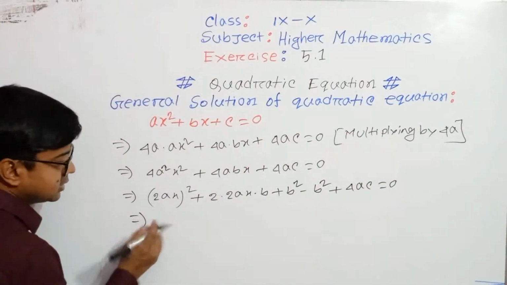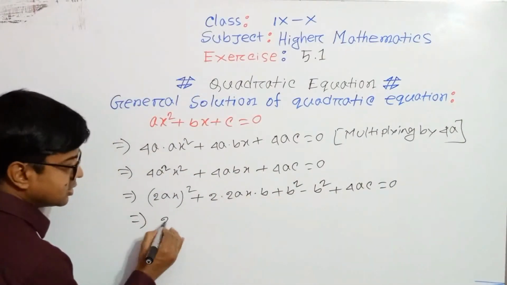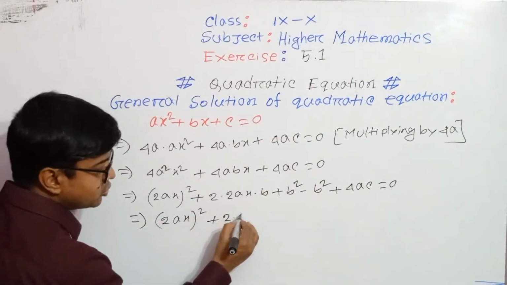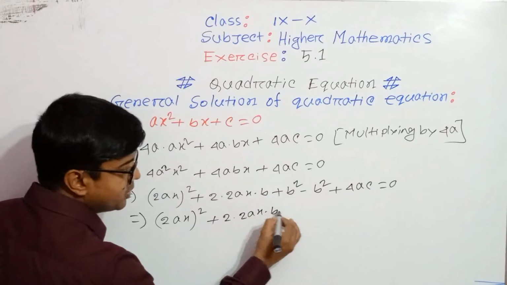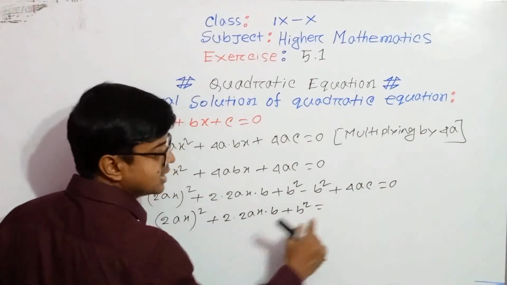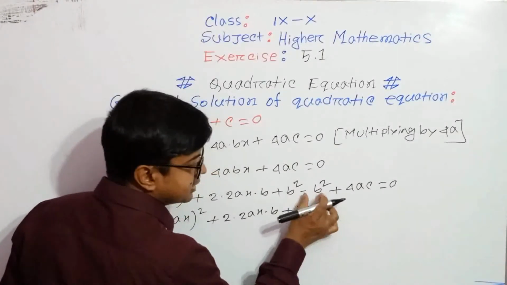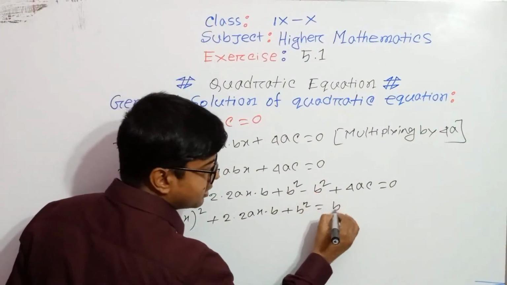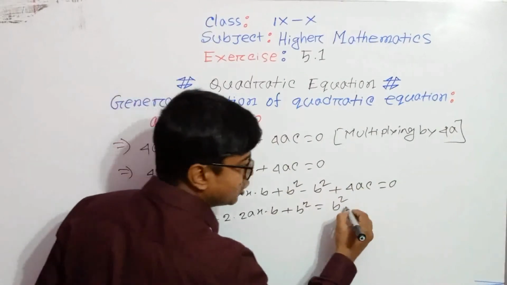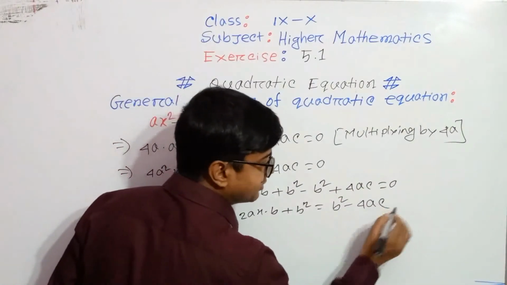And after this line, (2ax) whole squared plus 2 into ax into b plus b squared equals, after side change, minus b squared will be plus b squared, and plus 4ac will be minus 4ac.